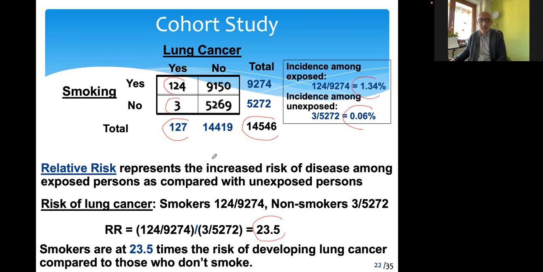Very simple, isn't it? And how do you interpret it? You interpret it by saying smokers are 24 times more at risk of developing lung cancer in comparison to those who don't smoke. That would be how you read it in lay language, explain it to your patients, or understand it.